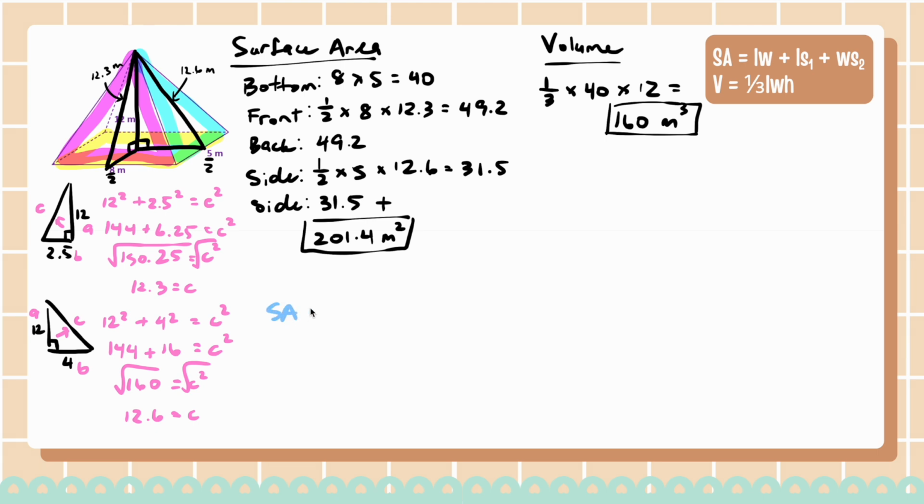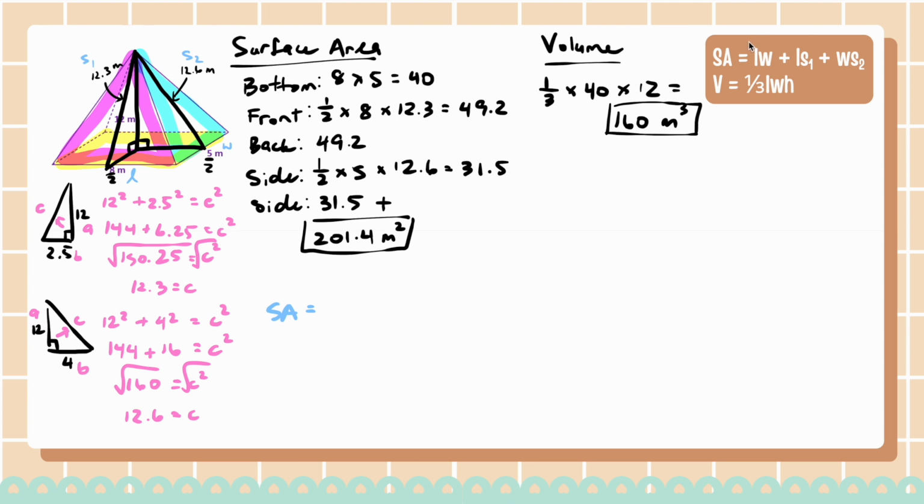So starting off with the surface area, I'm going to label all my dimensions. So this length right here, the full 8, is going to be our L. This length right here, the full length, again, is going to be our W. And then my slanted heights right here and right here are going to be S1, S2.